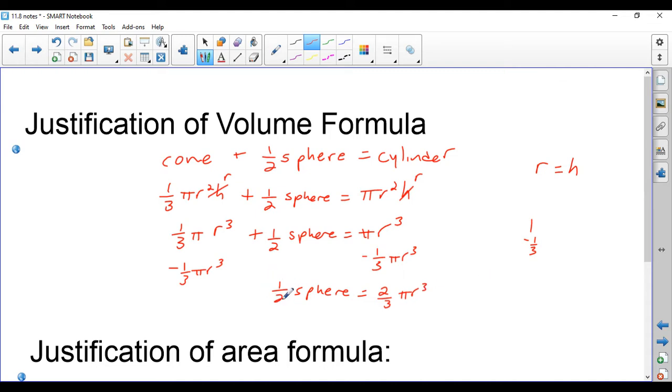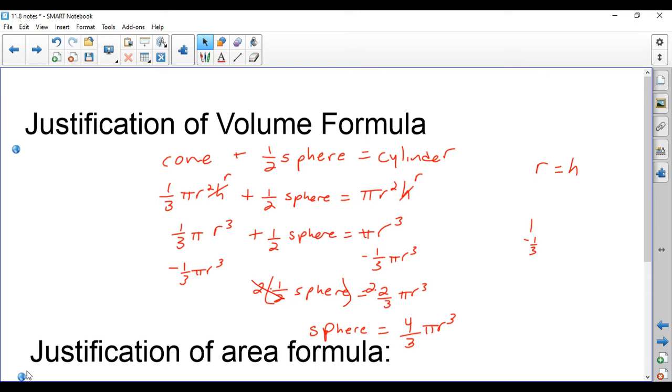Now I want to get rid of this 1/2, so I'm going to multiply each side of the equation by 2. On this side, the 2 cancels. Over here, 2 times 2, the volume of the sphere is 2 times 2 is 4/3 pi r cubed. There's the formula that we saw on the previous page.